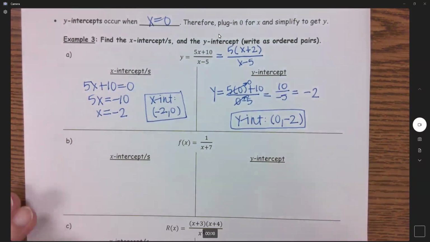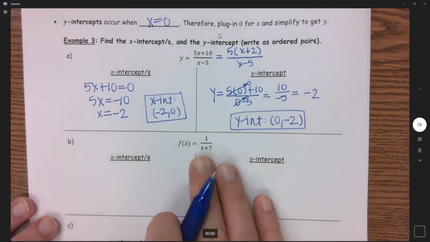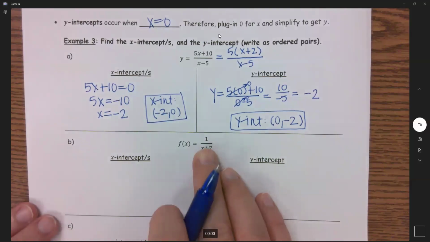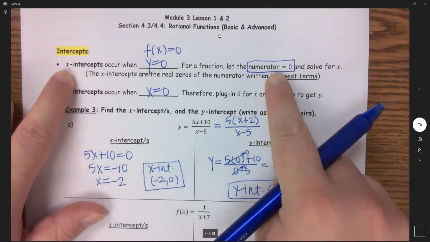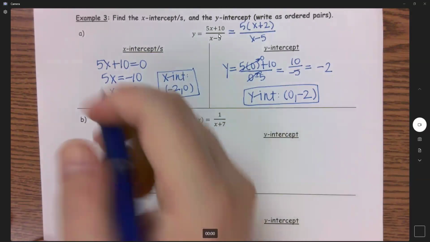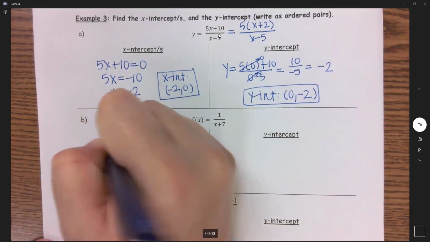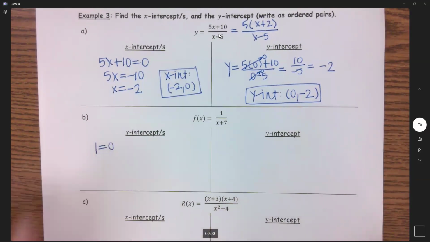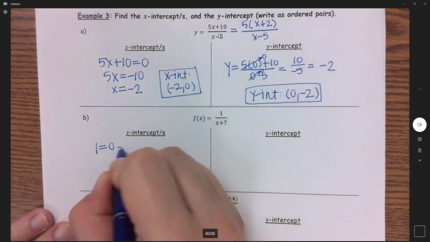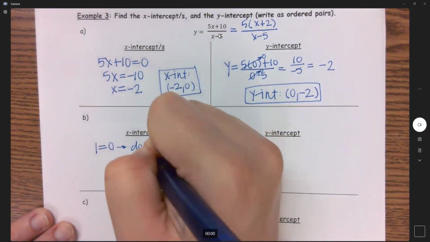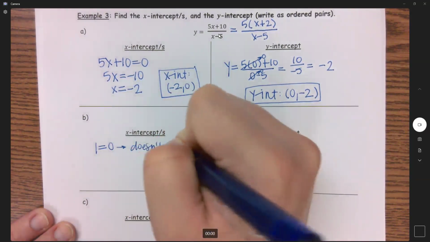Okay, practicing again. Write this in lowest terms, and I can't do anything with the top or the bottom. So to find the x-intercept, let the numerator equal 0. My numerator here is just 1. So I have 1 equals 0. Well, this doesn't make sense.